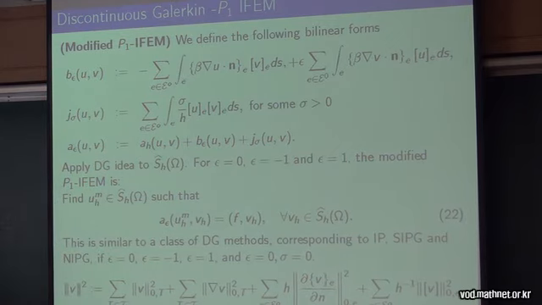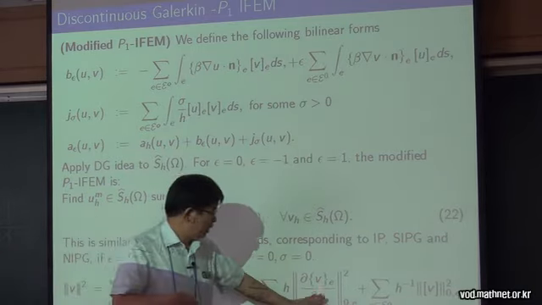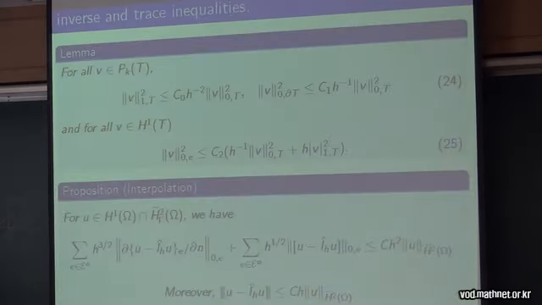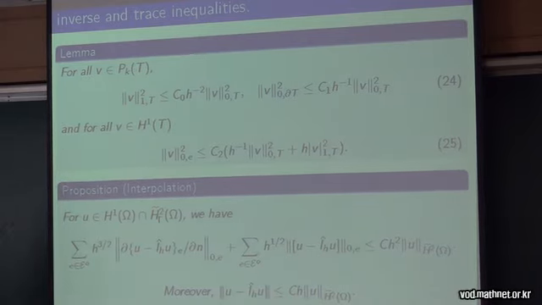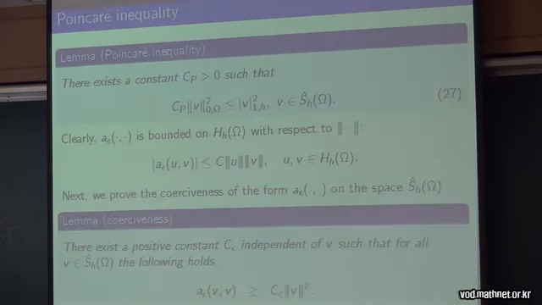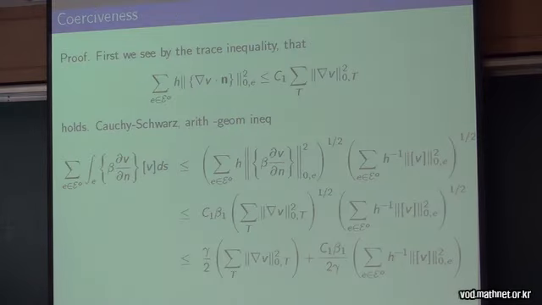Then to estimate, we need to introduce more complicated line integral terms along the edge, and also function jumps, etc. But using some techniques coming from DG, inverse inequality, and the trace inequality, it's all technical. I don't have to go through all this. It's just standard, Poincare inequality and coerciveness, etc.